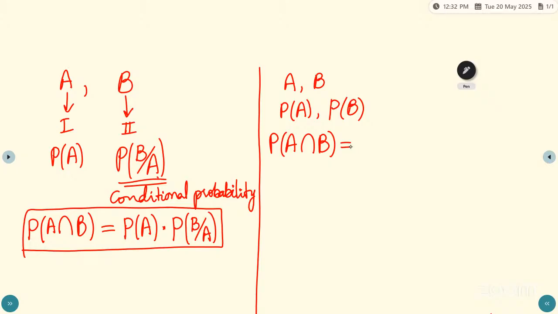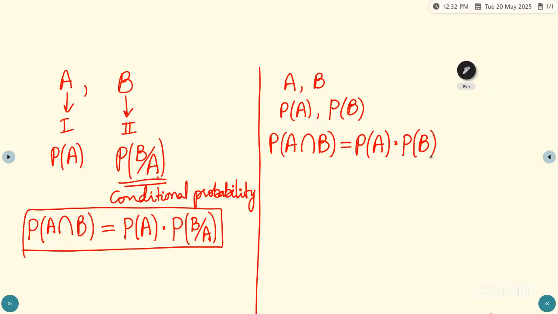Or means union, plus. Here A and B as a result of two trials, both are independent. P of A into P of B.